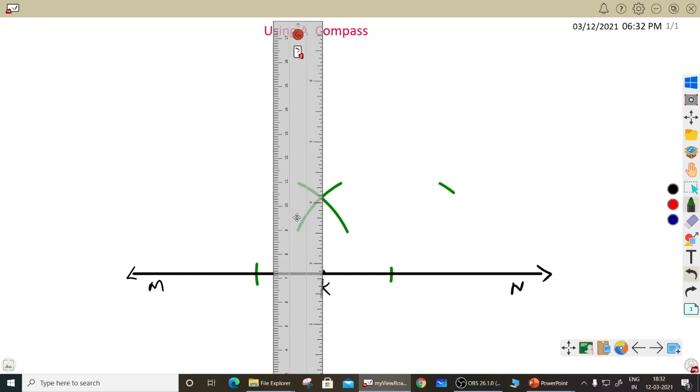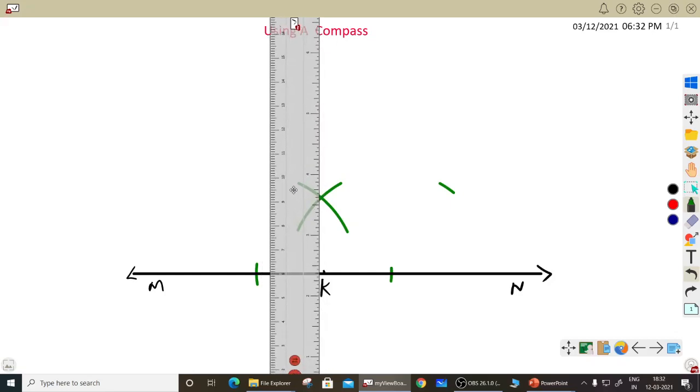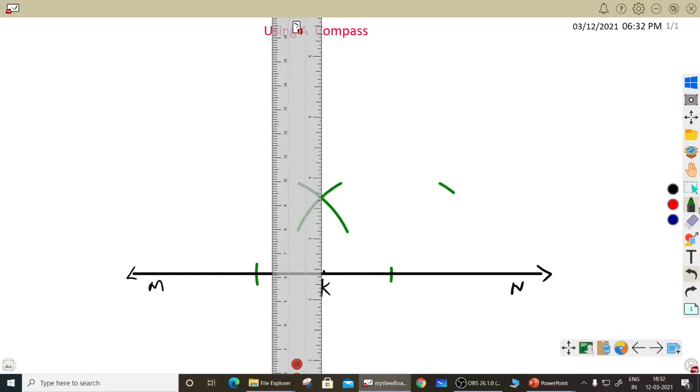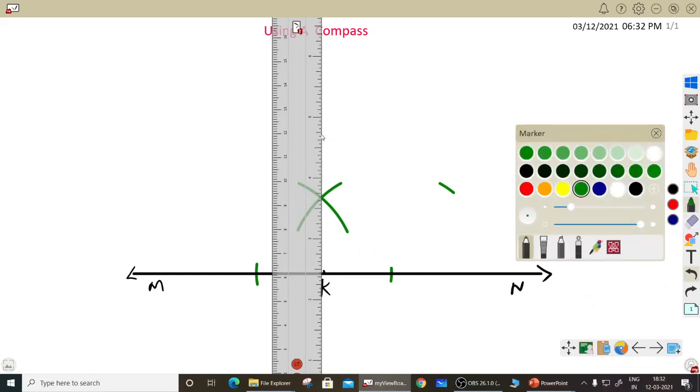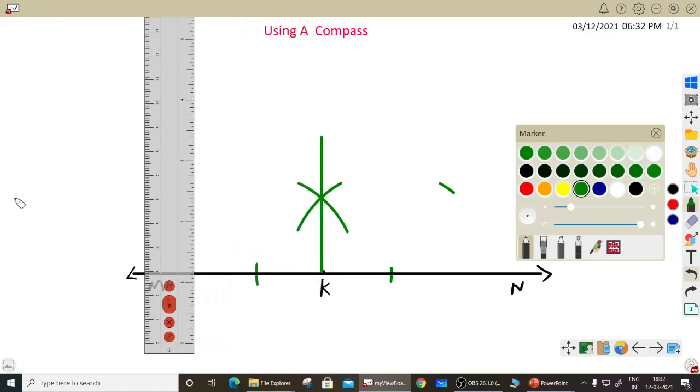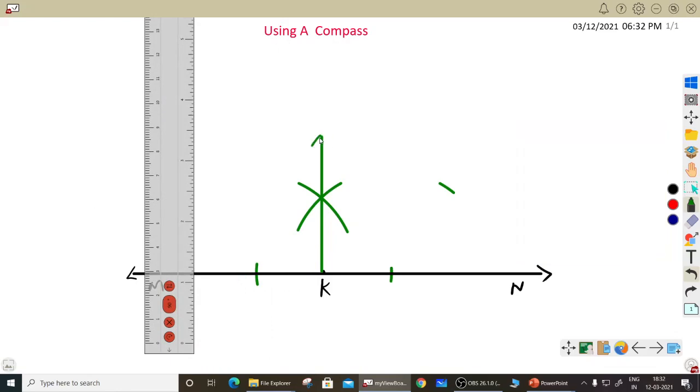That's the principle. And this is more scientific and more accurate than using a set square and protractor. Please note that. This way we can draw a perpendicular on the given line. You can mark this as KT and these points as A and B if you wish to name it and explain it.